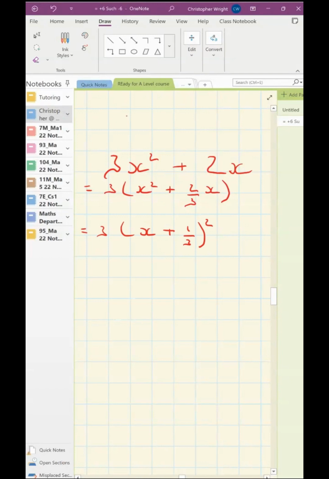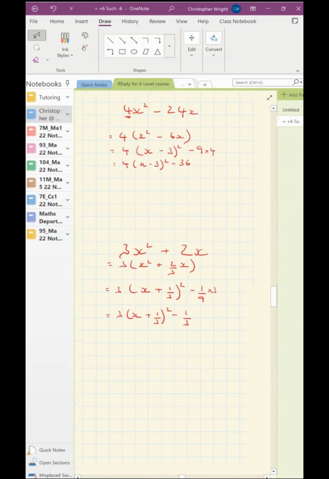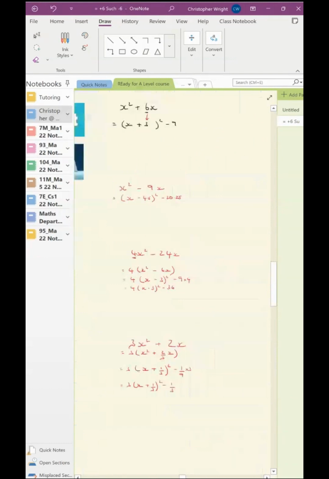So I'm going to have to remove the 9th, but be careful, because that 9th would be multiplied by 3. So you have to remove a 9th multiplied by 3. So my final answer is going to be 3 lots of x plus 1/3 squared, minus a 9th times 3 is minus 1/3, isn't it? Minus 1/3.